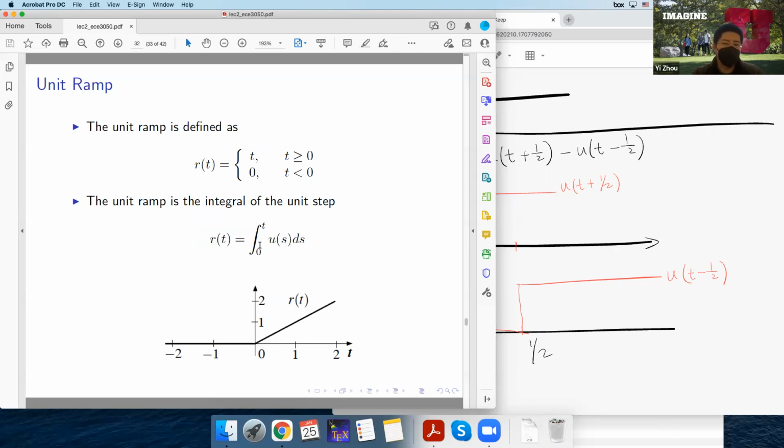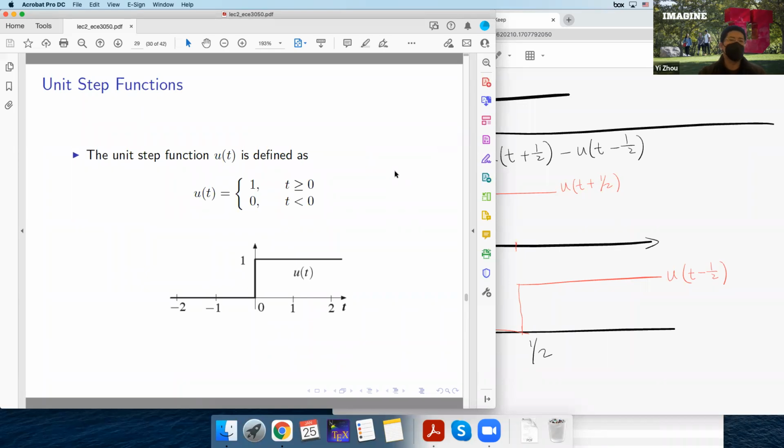It is basically the integration of the unit step function from 0 up to the time t. And this is very intuitive because if you consider the unit step function, and imagine you are integrating this function starting from 0 to another point t. As t moves to the right, the integration is basically the area under this constant curve.